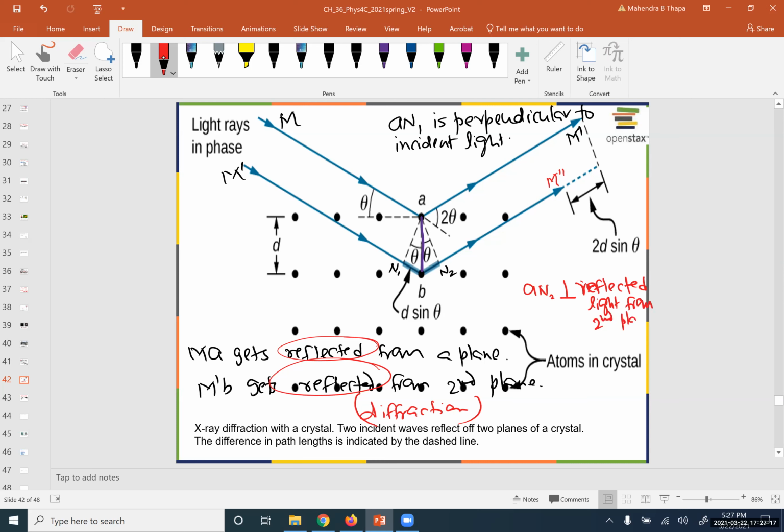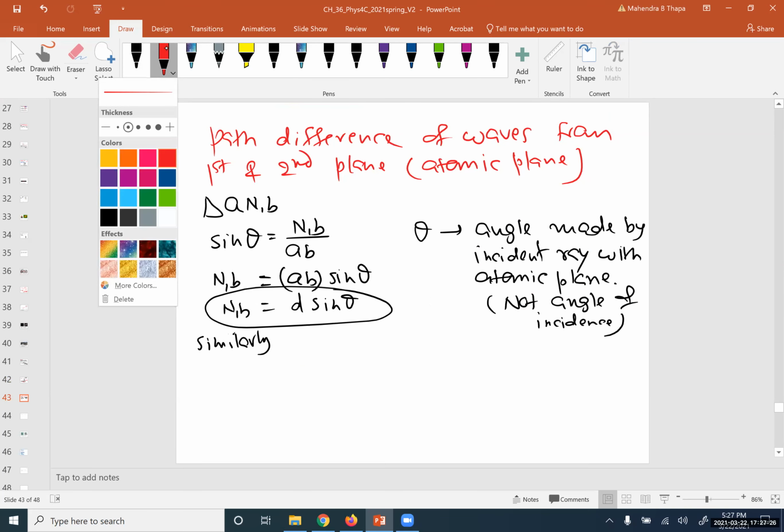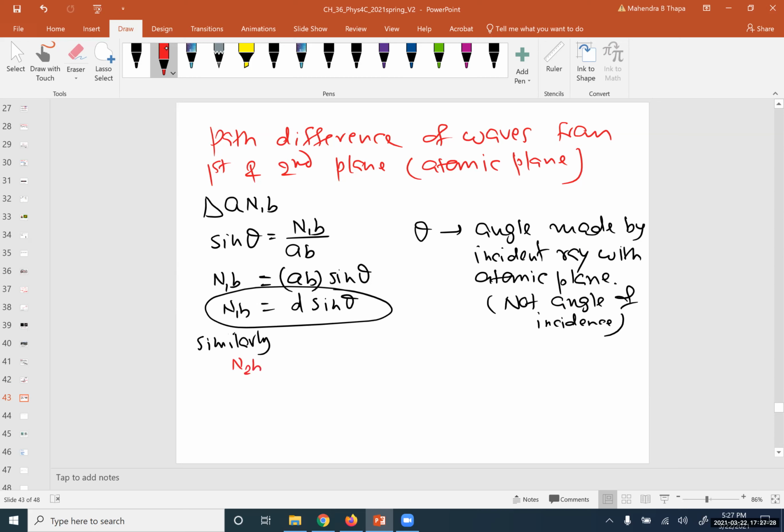I will do the same math and we can find that N2B is also equal to d sine theta.